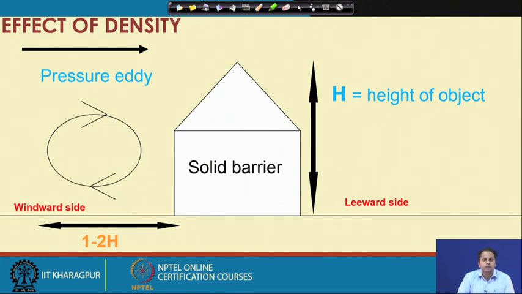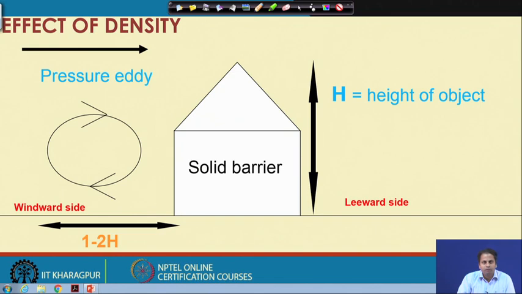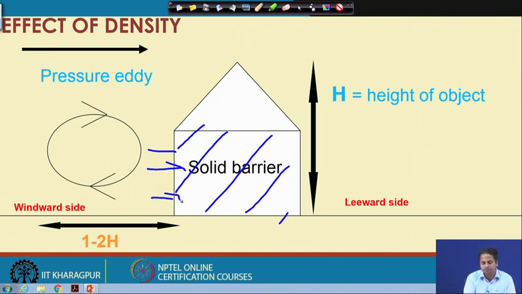Now we will see the effect of density. Let us say for a windbreak we are placing a solid barrier here, which has close to 100% density. It is not allowing any air to pass through it, so the porosity is very low. What happens when very high wind velocity strikes here?